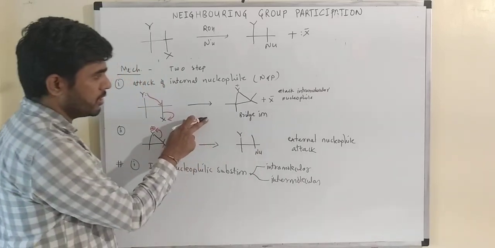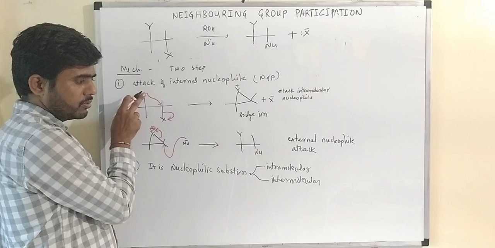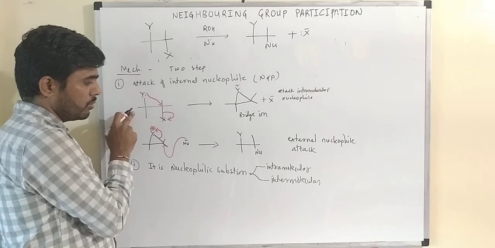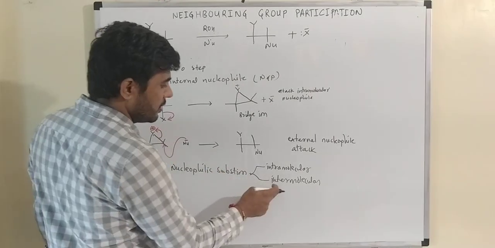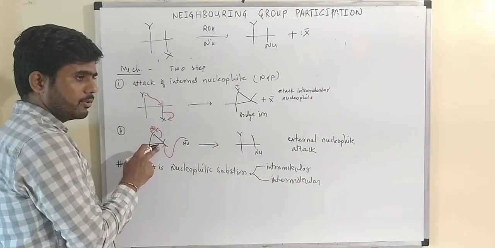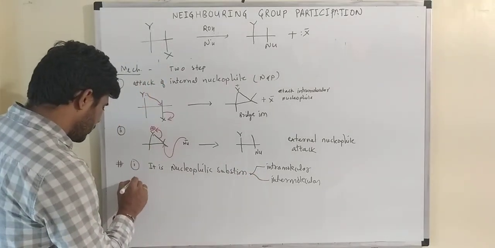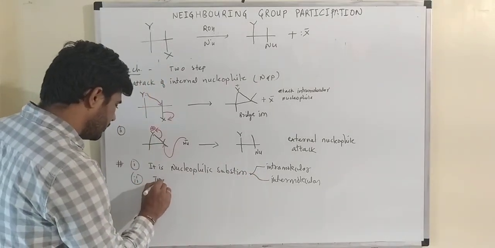In the first case it is intramolecular because the same group from the same molecule is used, so the nucleophile is from the same molecule. While in the second case it is intermolecular, as the external nucleophile is used to attack the reaction center. Second, it is a two-step reaction.